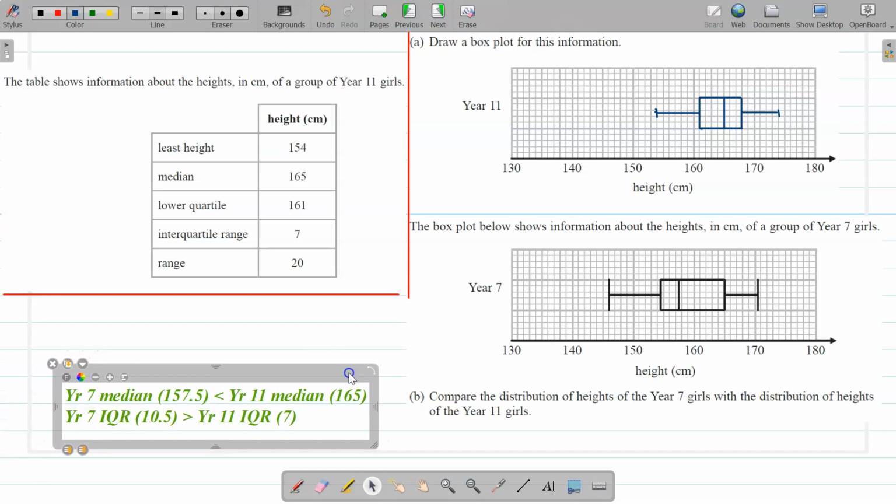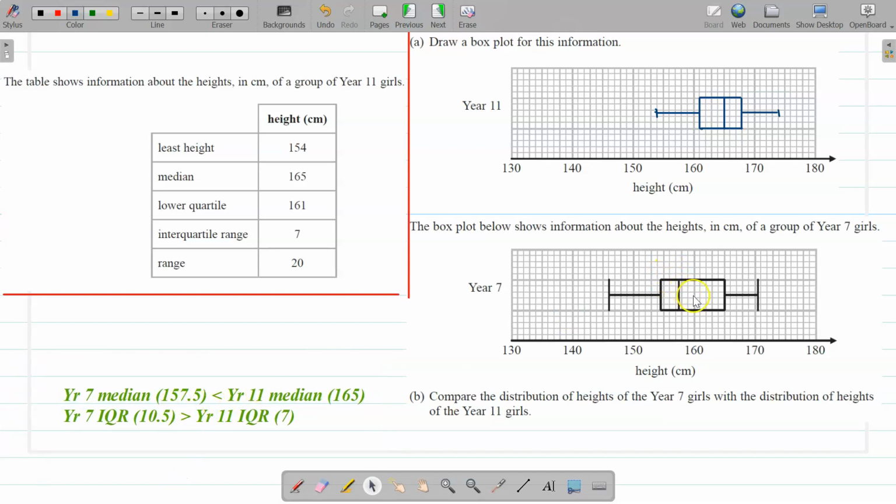The Year 7 median is 157.5. You can see that quite clearly. And that's less than the Year 11 median, which is 165. The Year 7 interquartile range is 10.5.